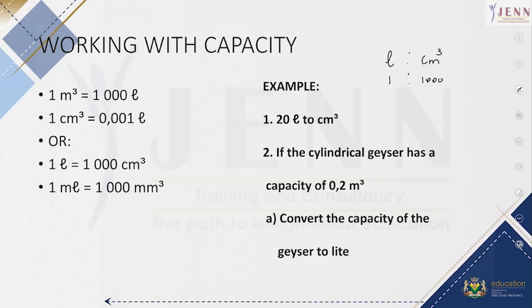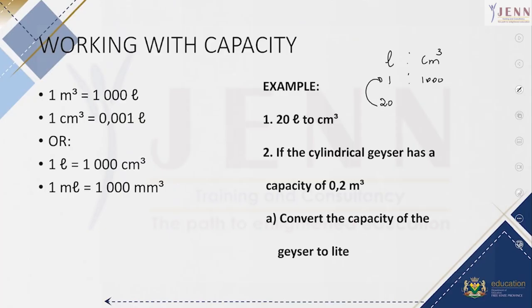You make sure that 20 is in line or is underneath the liters. You cannot put it on the other side. You have to make sure that it's in line with liters. Or if, for example, I was given a number in cubic centimeters, it was going to be on the other side so that it can be in line with cubic centimeter.